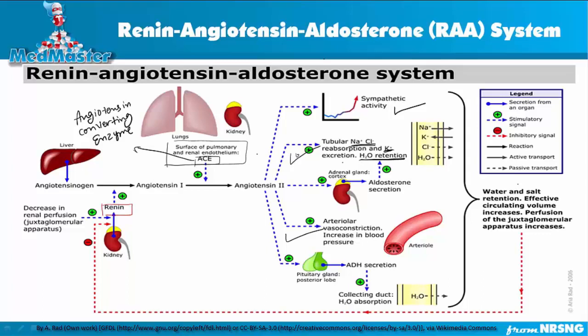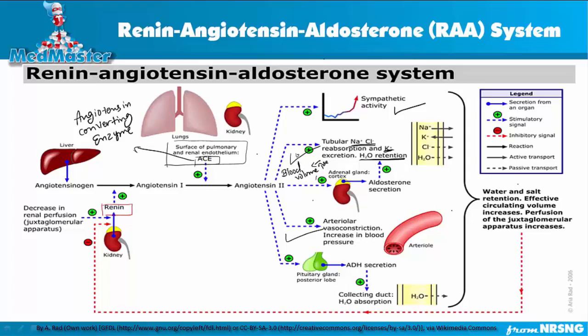When that happens, it's going to increase blood volume. When the blood volume increases, it's going to increase the blood pressure, and that's how the kidney is going to get reperfused, which is the main problem why the renin got secreted.